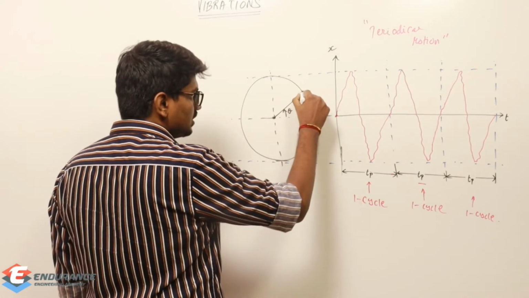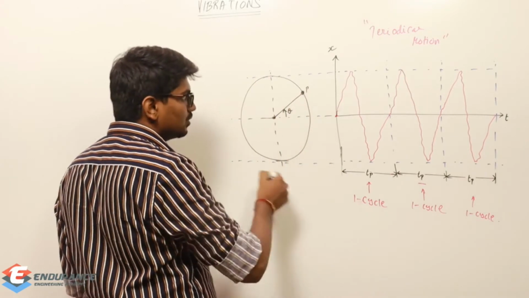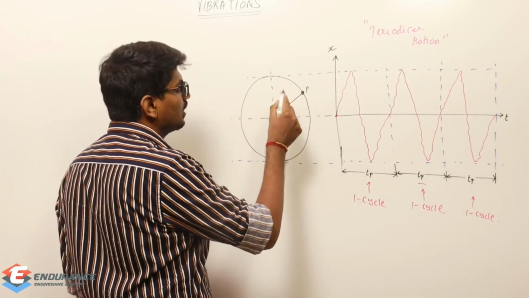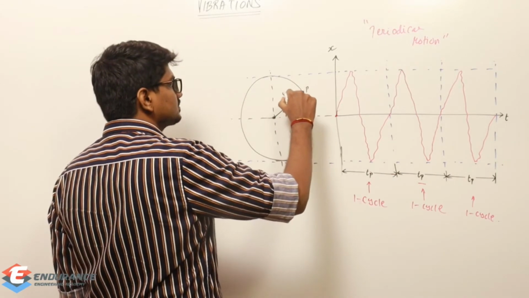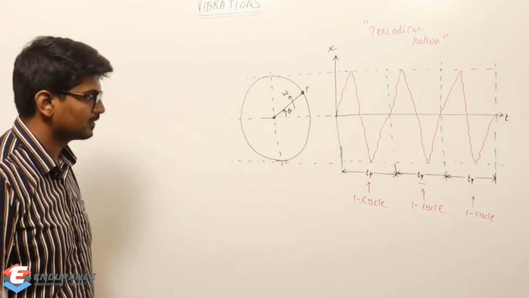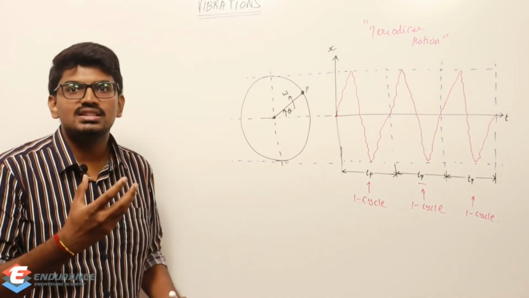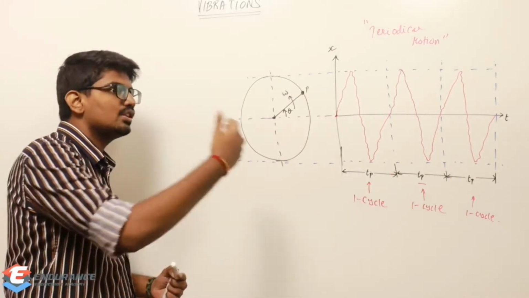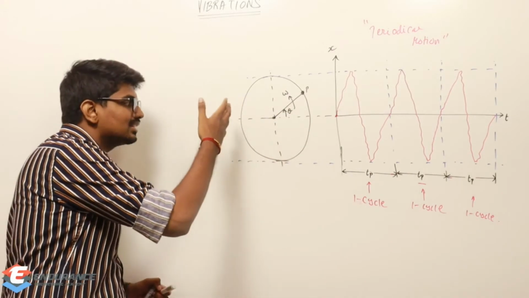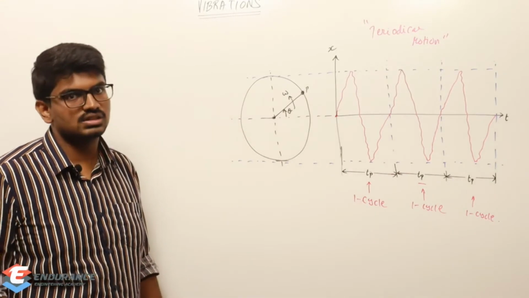So it is the motion of a particle in a circle with a constant angular velocity. It's an analogy which Hertz framed, that a periodical motion can be represented as a particle moving in a circle with an angular velocity omega.